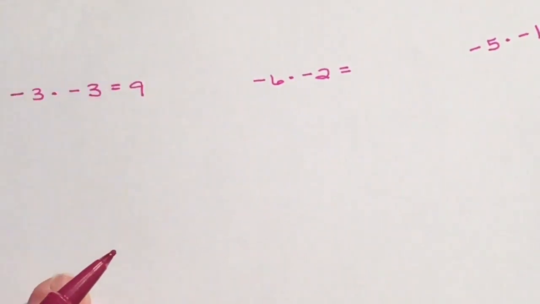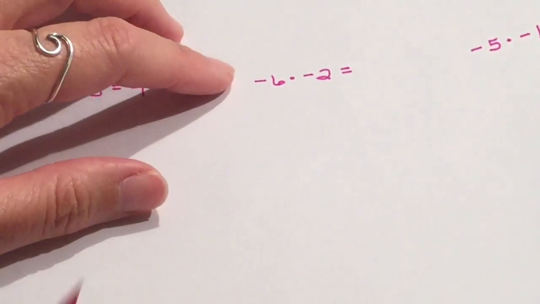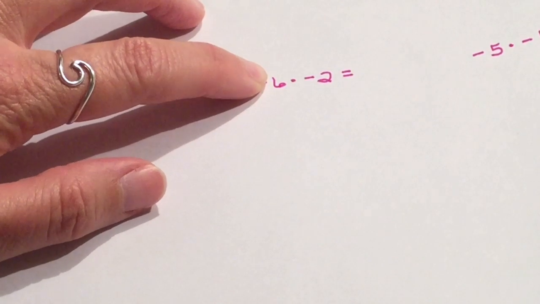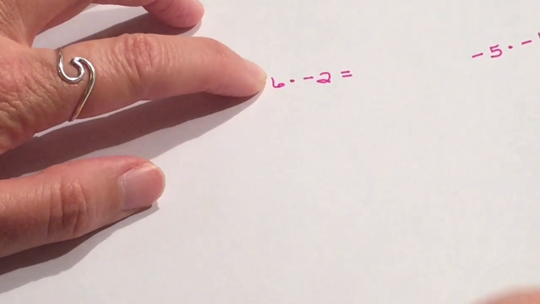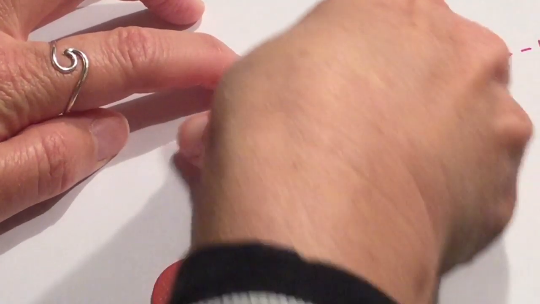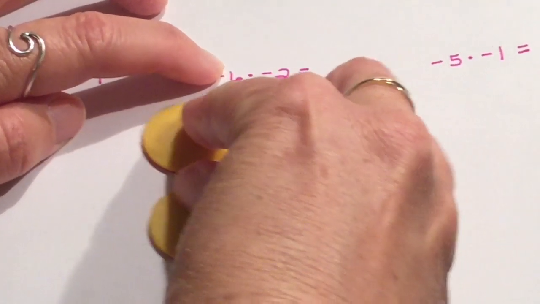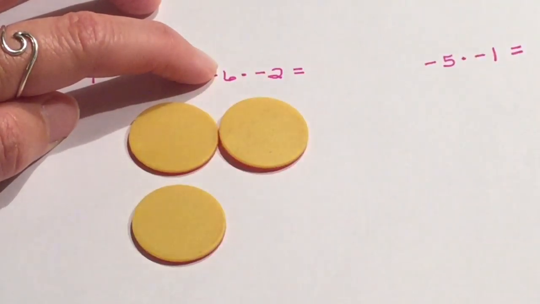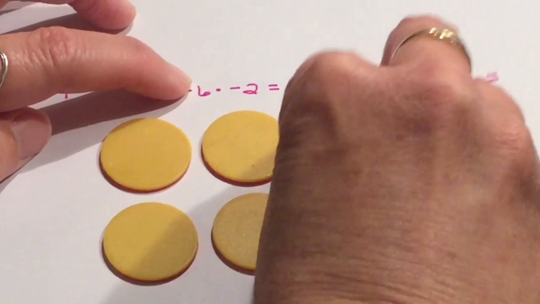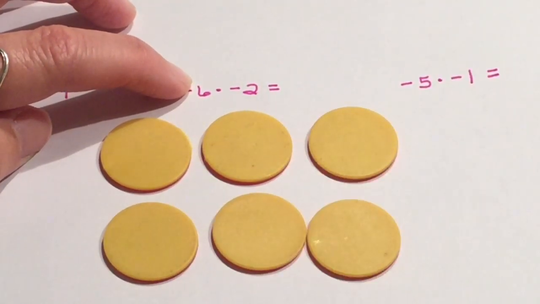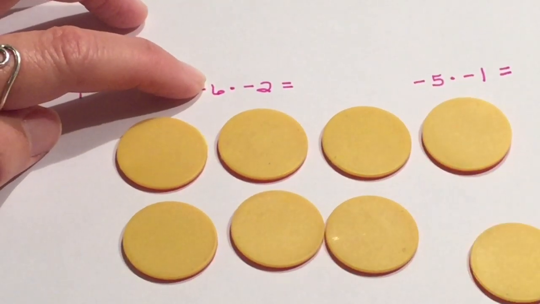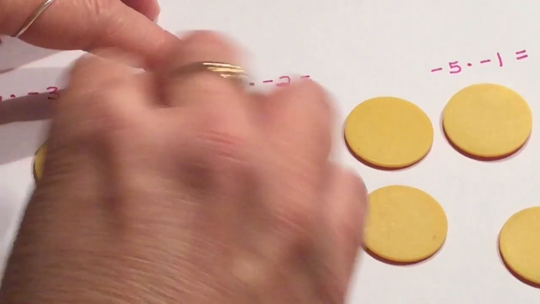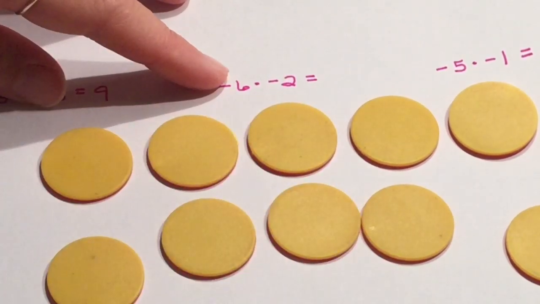Okay. So if I look at my -6 times -2, I'm going to ignore this negative out in front, and I'm going to think, okay, I have my 6 sets of -2. There's my 3rd set. There's my 4th set. There's my 5th.